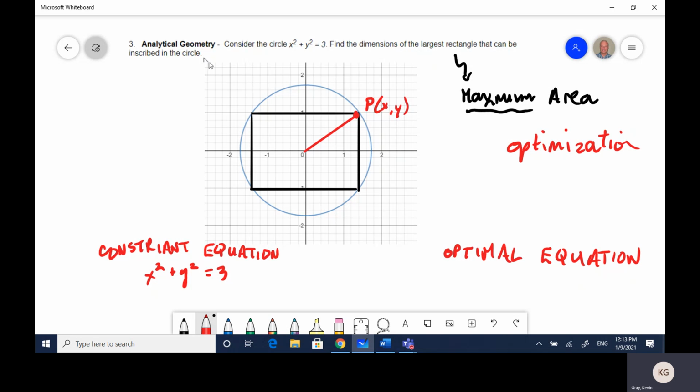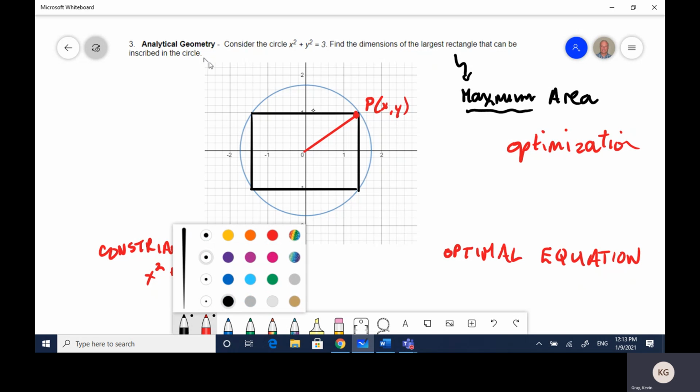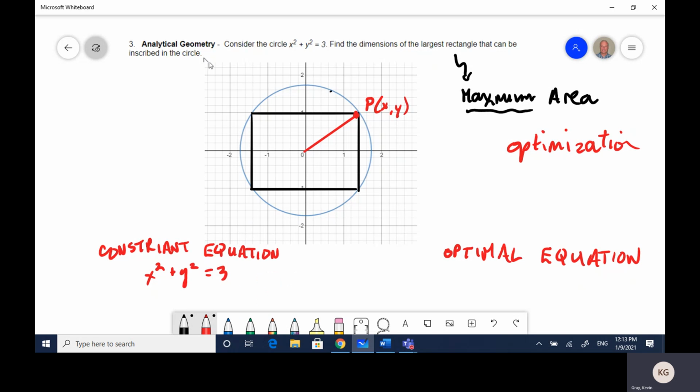Now, before I get started, I want to talk about the fact that I could have other rectangles. Sorry, I should do this in black. I could have a rectangle that was shaped like this. It's still in the constraint of the circle x squared plus y squared equals 3.